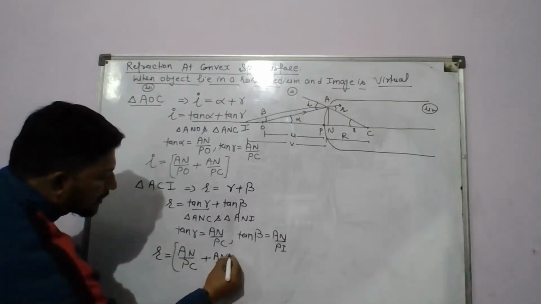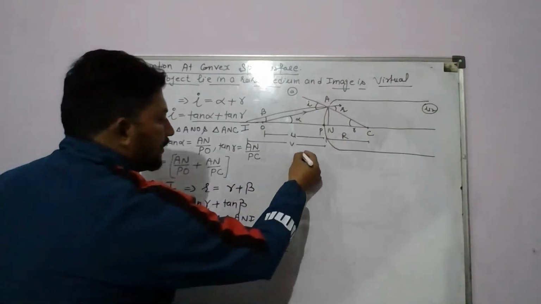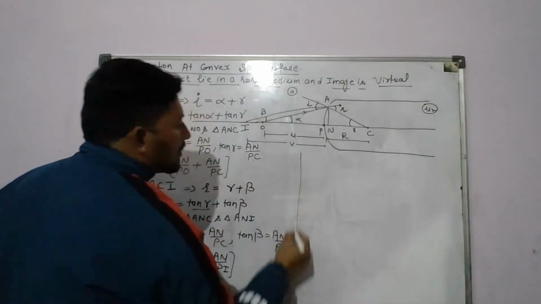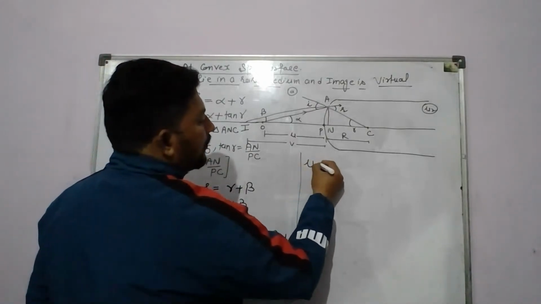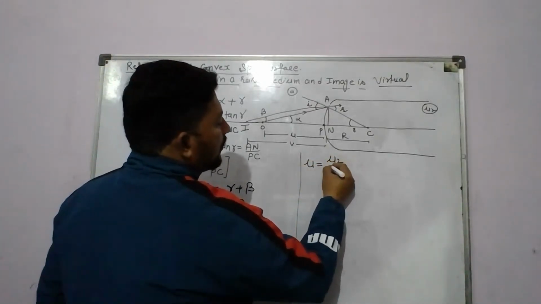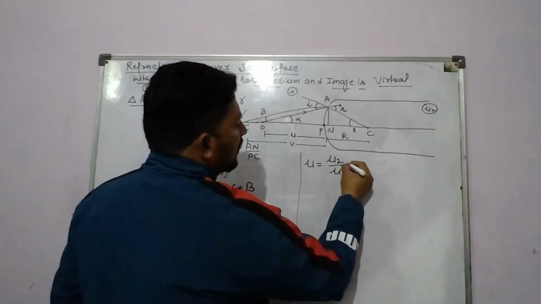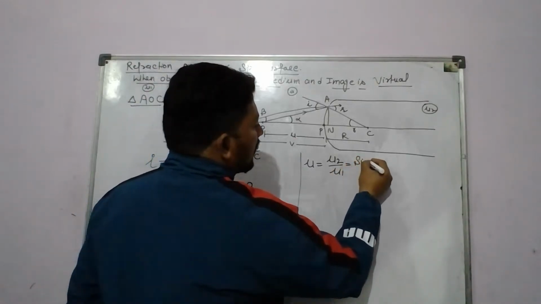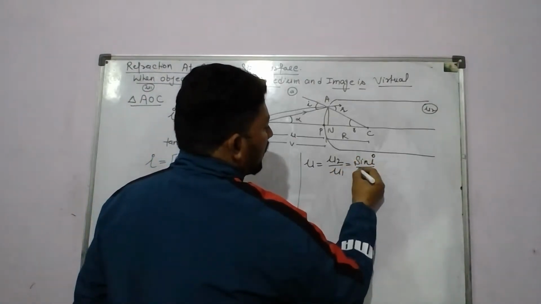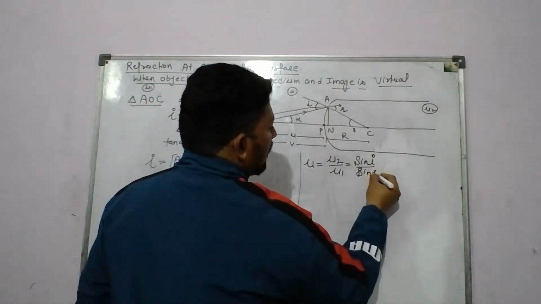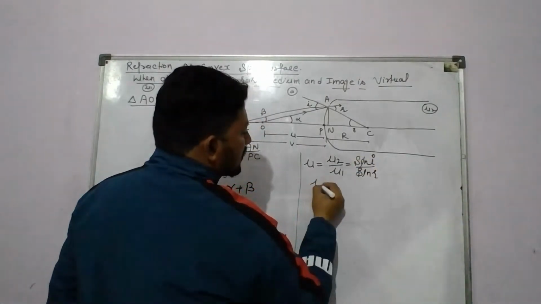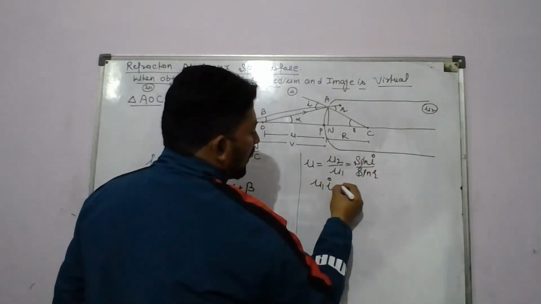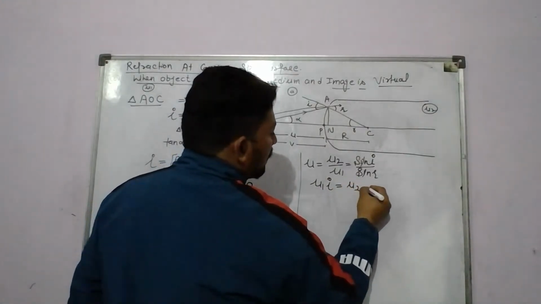Again same concept is applied. Mu is equal to mu2 by mu1, sine i divided by sine r. So it means mu1 i is equal to mu2 r.